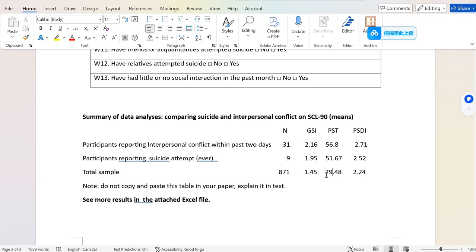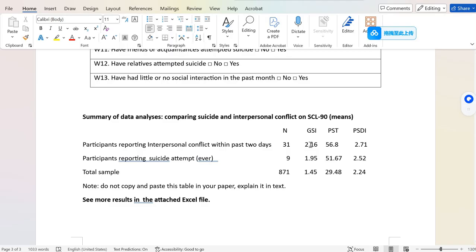The total sample had a total number of 29.48 positive symptoms. The proportion of differences on PST is bigger than the proportion differences on GSI. For positive symptom total, the interpersonal conflict group is almost twice as high as the total sample.